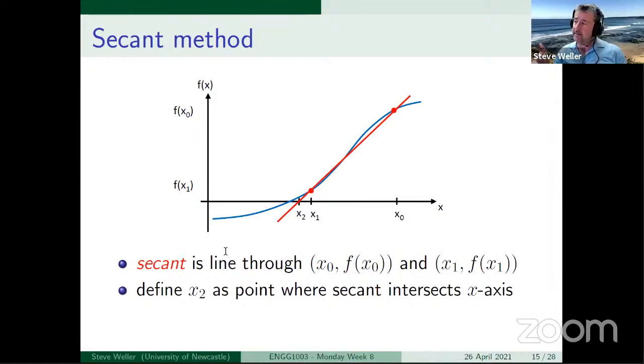And we start by constructing a secant, which is the line that connects those 2 red dots. And notice if we extend that straight line, eventually the red straight line will intersect the x-axis. The point at which the red straight line intersects the x-axis we'll call x2.